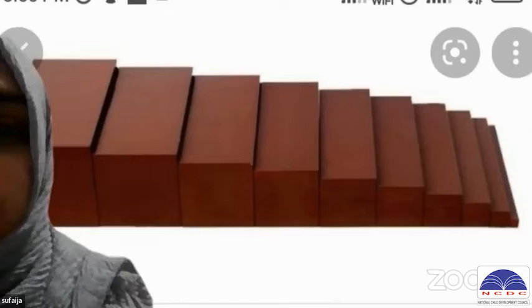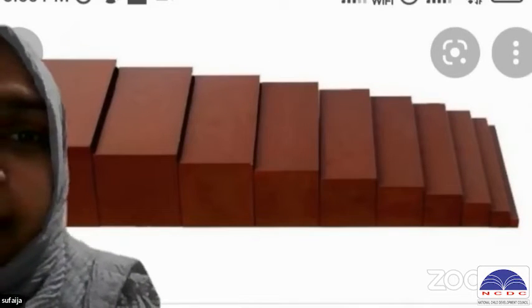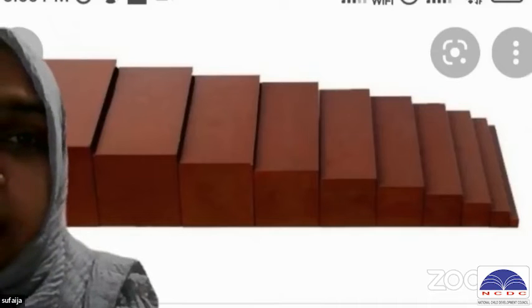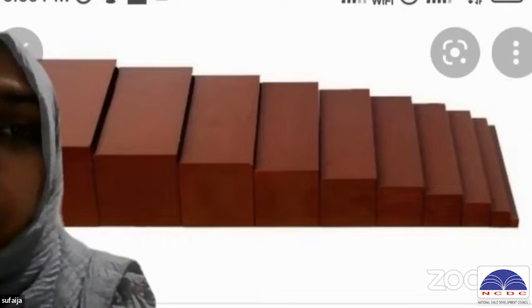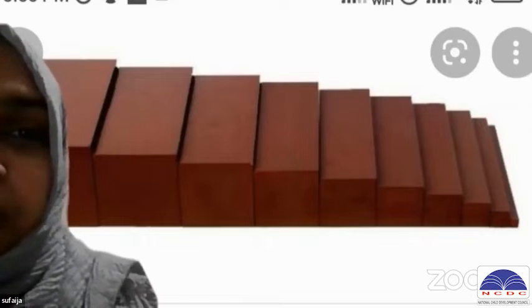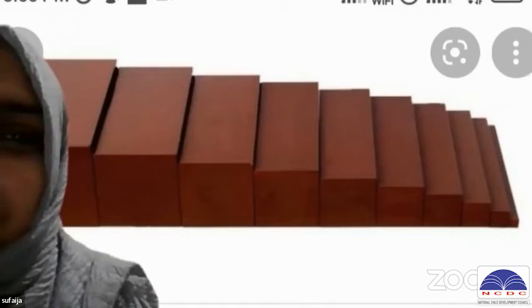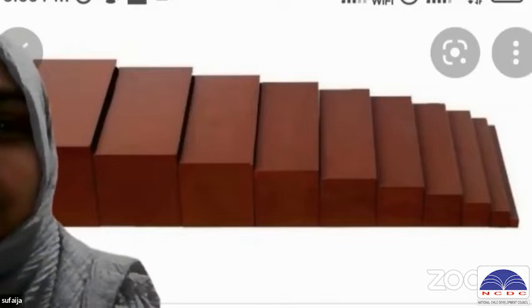And also the child will get language from the brown stair: narrow, narrower, narrowest, and also thick, thicker, thickest. It mainly focuses on the mathematical area, and indirectly the child also gets the language area. This is our brown stair's importance.